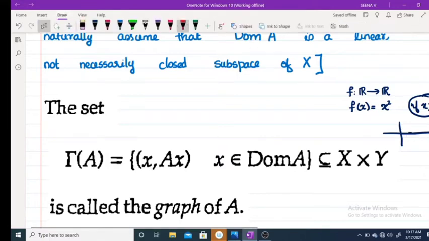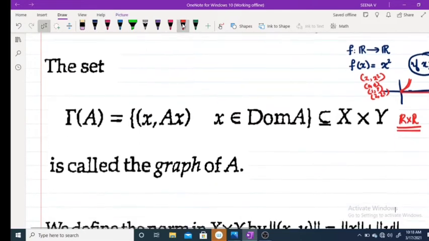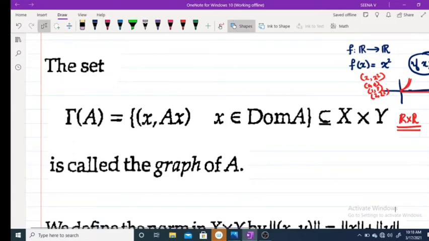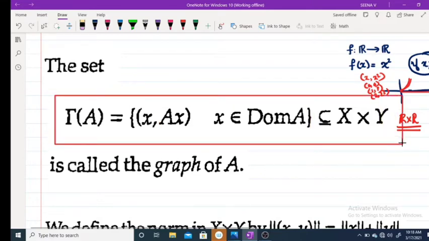If we have (0,0), (1,1), (2,4) like this, in the real numbers, we get what is called the graph of f, and clearly this is a subset of R cross R. Gamma of A equal to the set of all (x, Ax) such that x belongs to the domain of A, a subset of X cross Y, is called the graph of A. Clear?